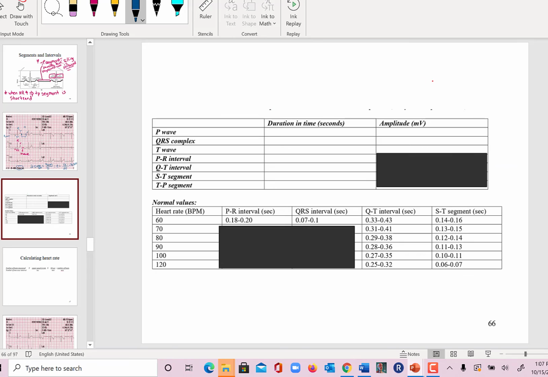In your lab manual, you're expected to calculate the time in seconds for these different waves, intervals, and segments. I've just shown you how to do the TP segment. For the P wave, you're going to find a P wave in any lead you want, and measure from the beginning of the P wave to the end, in millimeters.